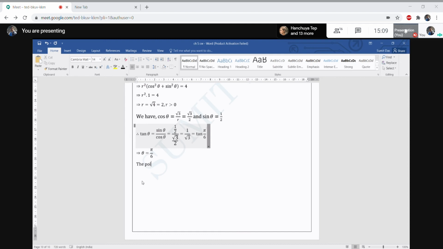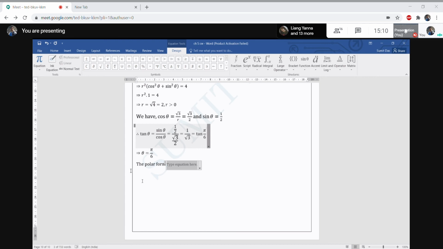The polar form is equal to r, here we got 2, inside the bracket cos pi by 6 plus i sin pi by 6. So this is the answer.